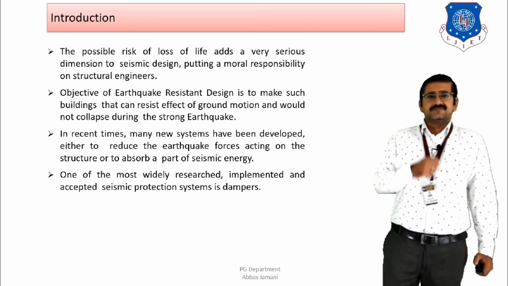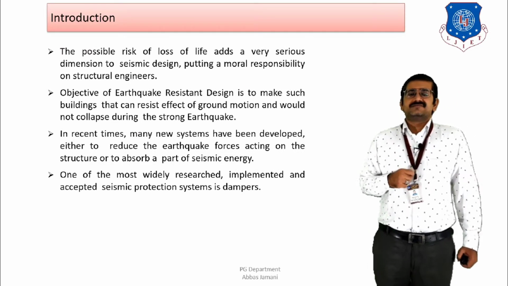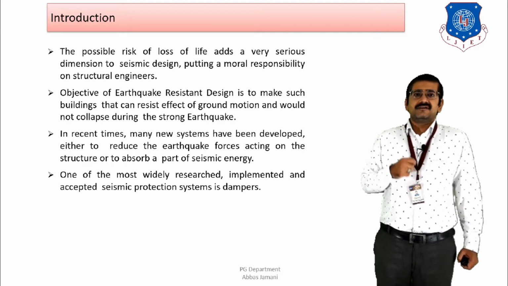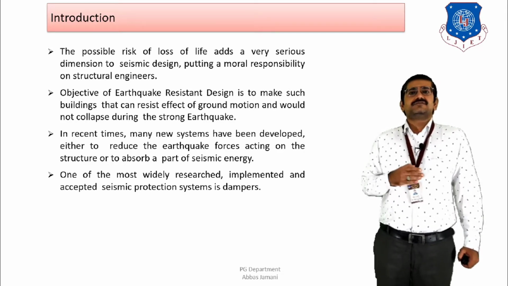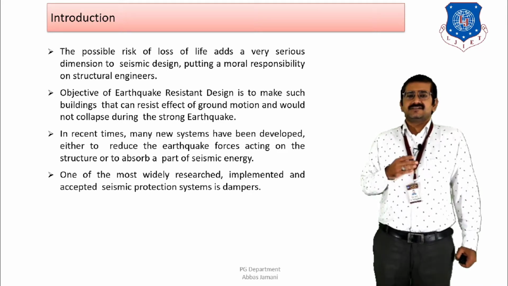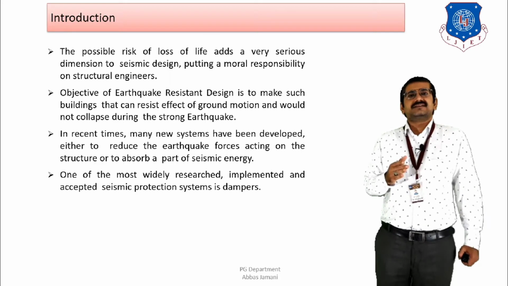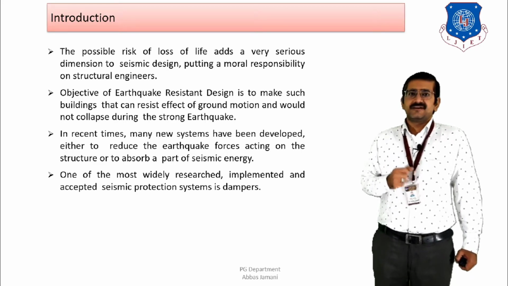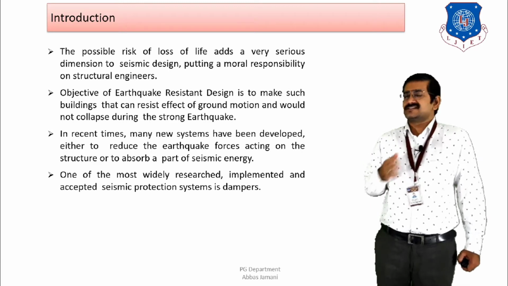First of all, coming to the basic point, what is the necessity of having an earthquake protection system? If you remember the design philosophy of IS 1893, the code discusses three categories: the minor earthquake, the moderate earthquake, and the strong earthquake.